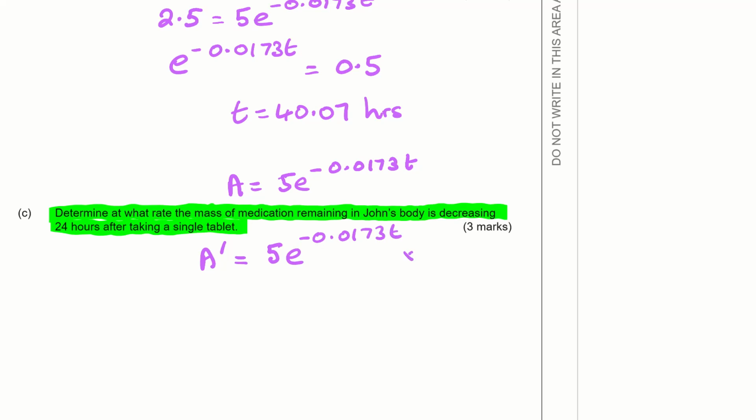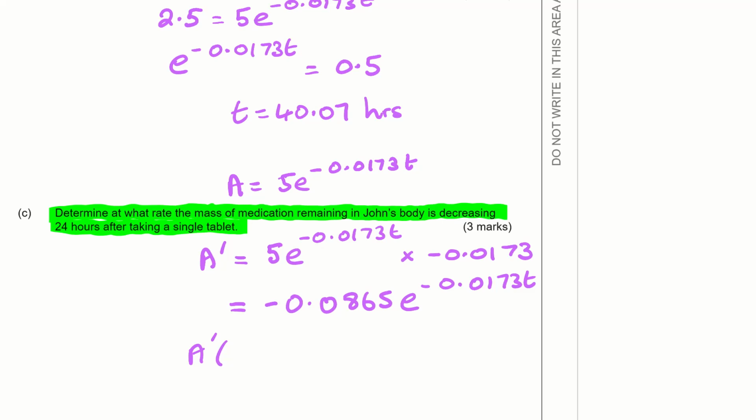0.0173 T multiplied by the differential of the inside function, negative 0.0173, and that gives us negative 0.0865 e to the negative 0.0173 T, and we want it after 24 hours, so A dashed of 24 is going to be negative 0.0865 e to the negative 0.0173 multiplied by 24.